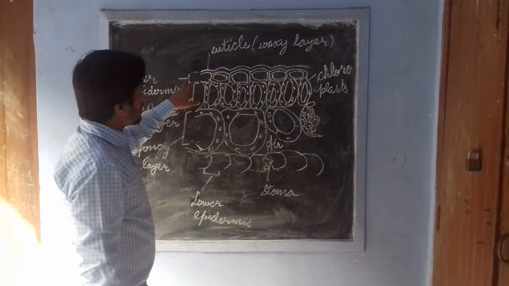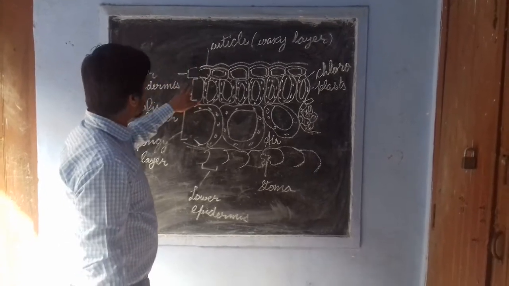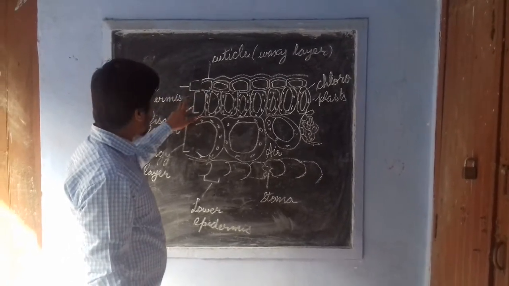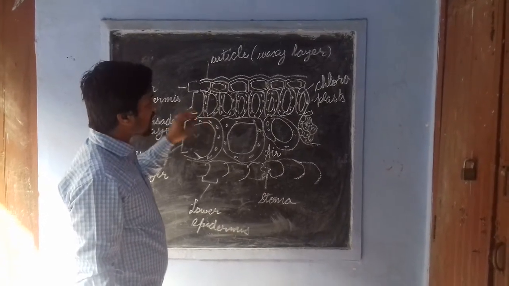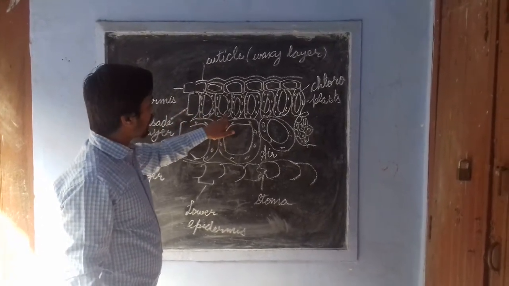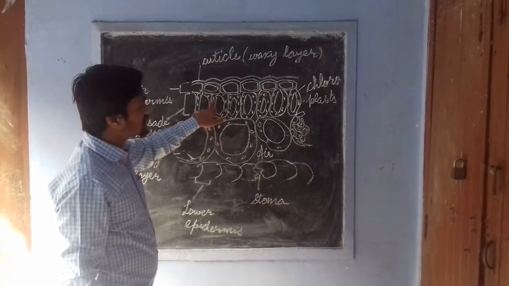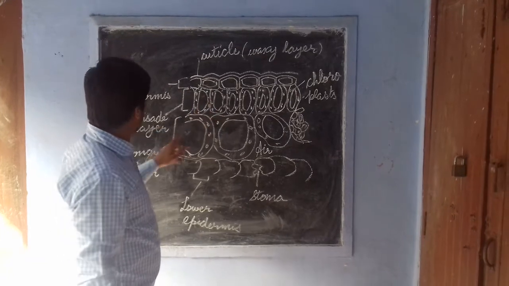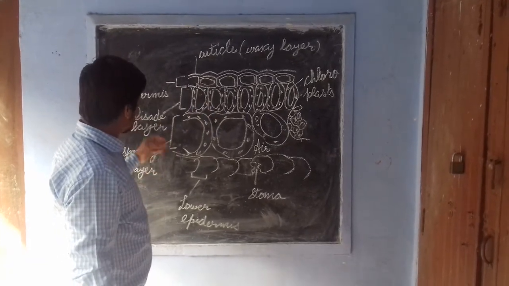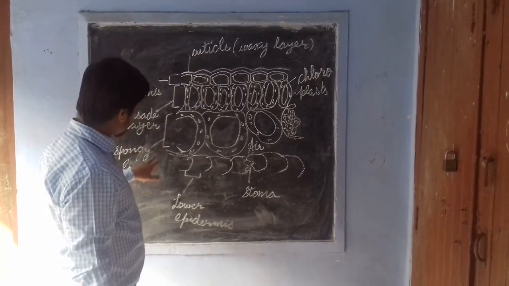Below this cuticle is the upper epidermis layer, and below that the palisade layer is present. This palisade layer consists of tiny dot-like structures, as you can see, called chloroplasts, and these chloroplasts contain the chlorophyll.